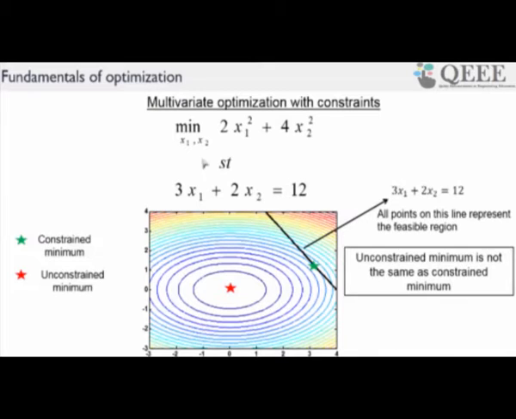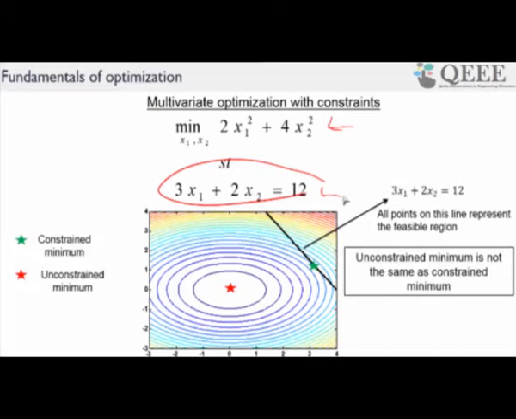So imagine I am trying to minimize 2x1 squared plus 4x2 squared without this constraint. So let's say first I do not have the constraint. Clearly you can see the minimum is at 0, 0. Now the question is, if I have a constraint here, what is the minimum of this function with respect to this constraint?